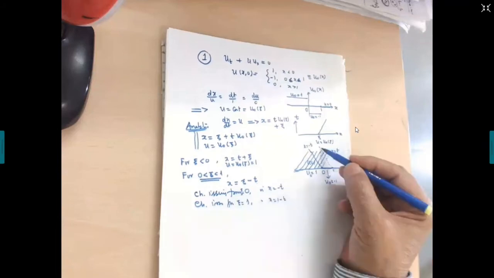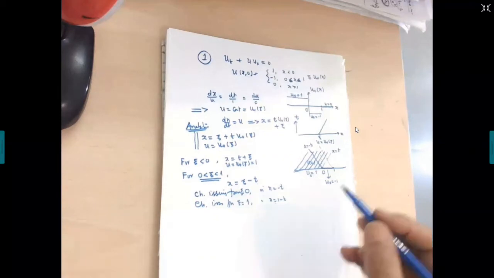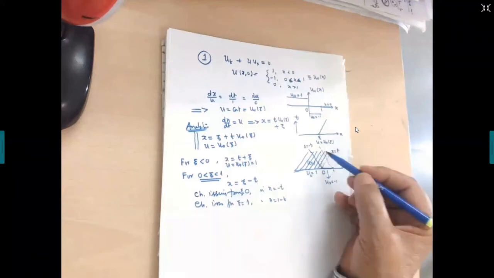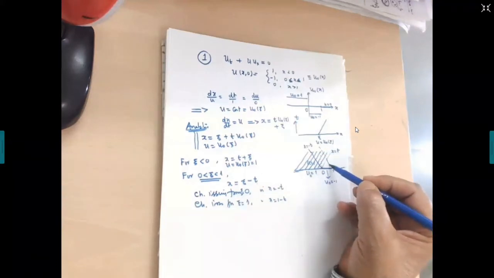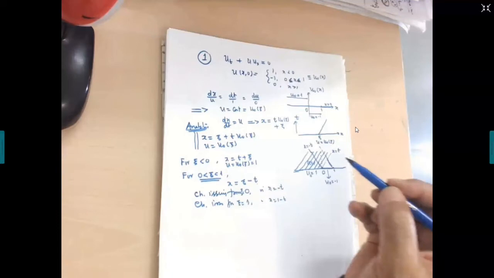Both of these have the same slope, because dx/dt is the same for both. Am I right? Yes, sir. The characteristics have the same slope, so they will be parallel. Yes or no? Yes, sir. Okay, very nice.